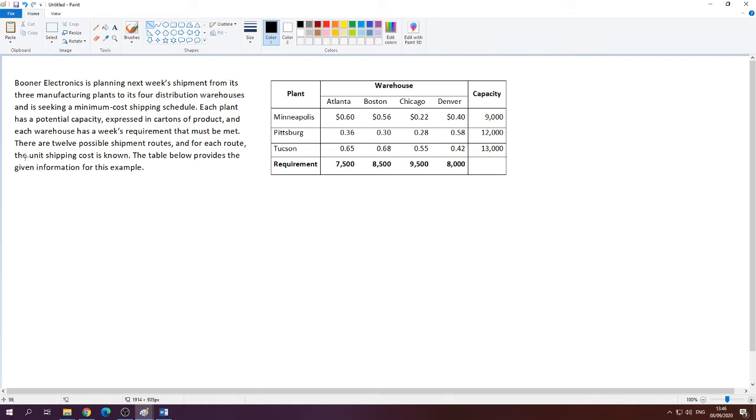Okay, there are 12 possible shipment routes, and for each route the unit shipping cost is given. So if we want to transport the product from Minneapolis to Atlanta, this is the cost, $0.60 per unit. From Pittsburgh to Boston, it is $0.3 per unit.